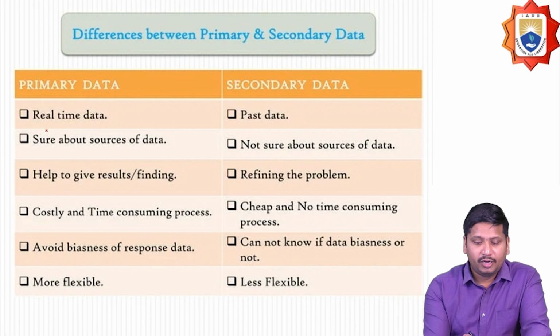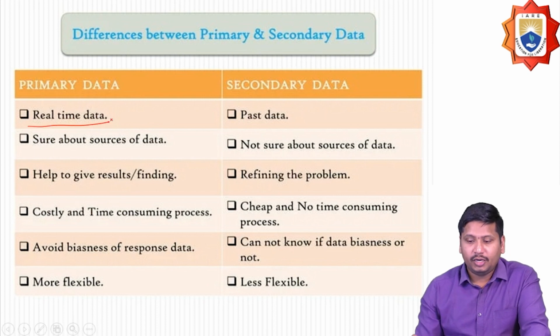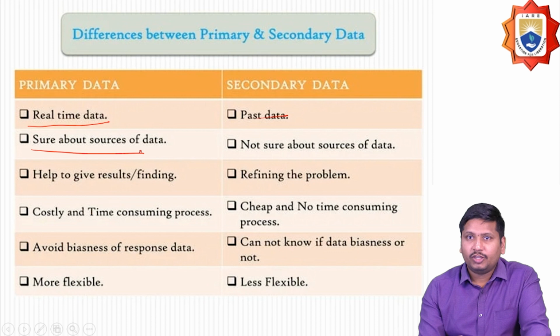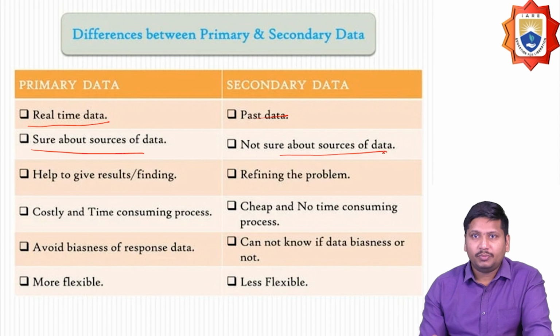Okay. So the primary data I took is real-time data, and the data I took for secondary is past data. Primary is sure about the various sources of data, but secondary is not sure about them. Primary helps to find the results and findings, but secondary helps to refine the problem.